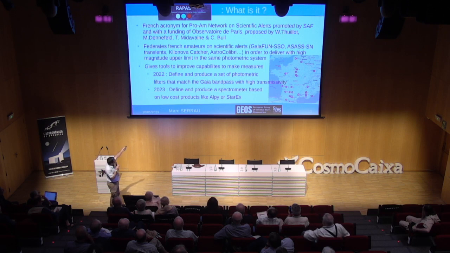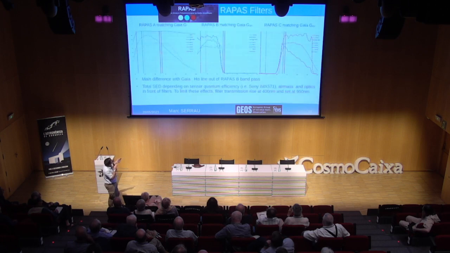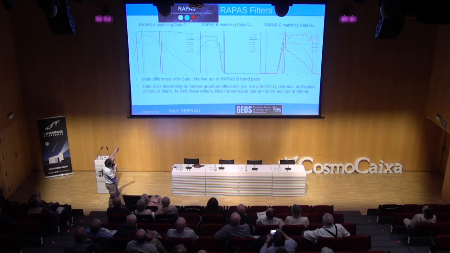This year, the group is also focusing on producing a spectrometer, but I don't work on that. So here is the bandpass of Gaia, here the G band. Our filters are here, and with CMOS you obtain that for the G band.